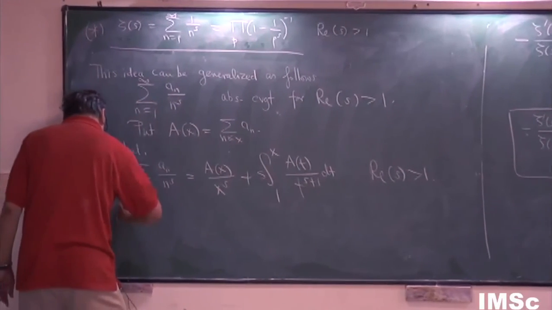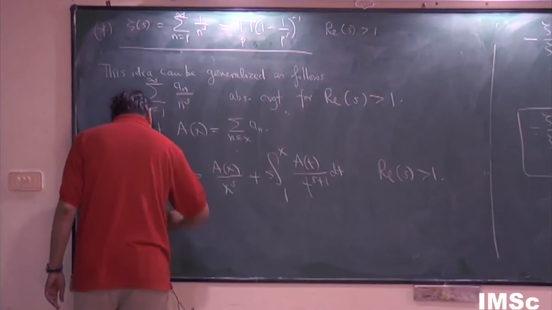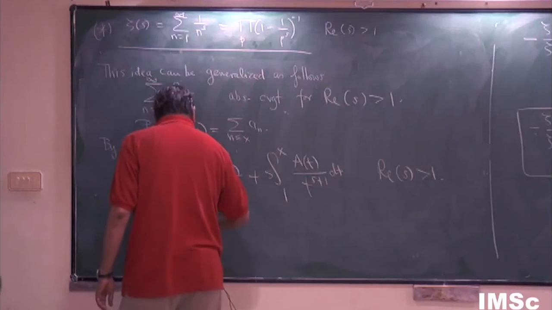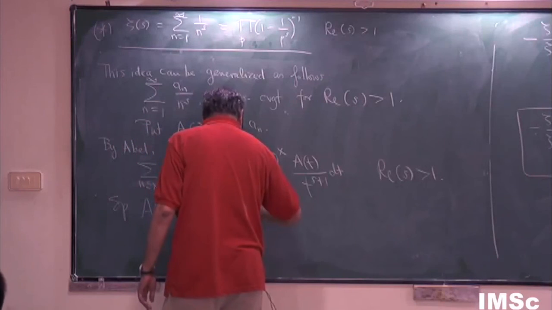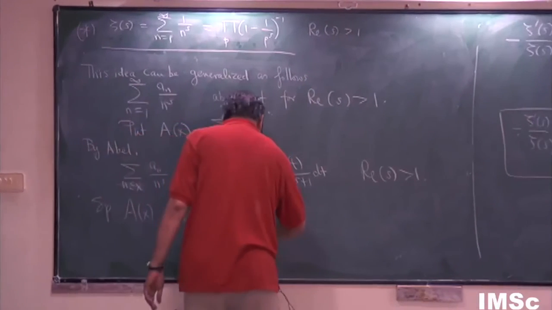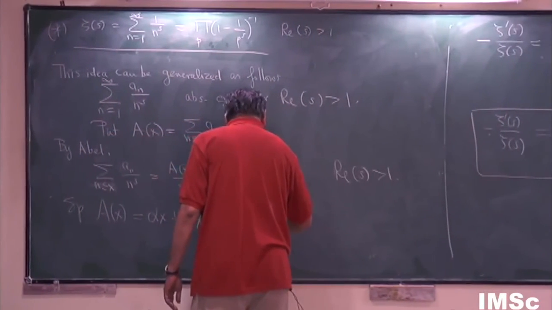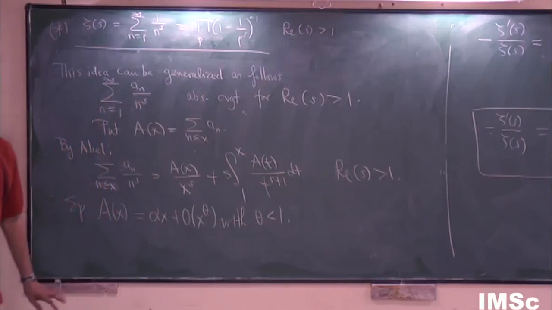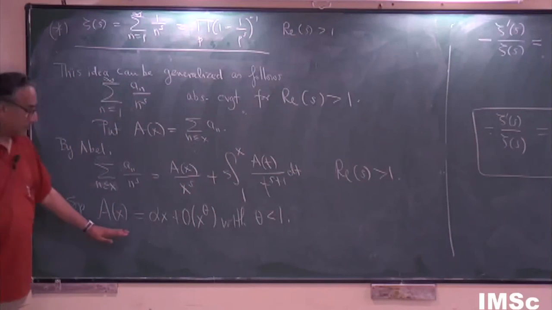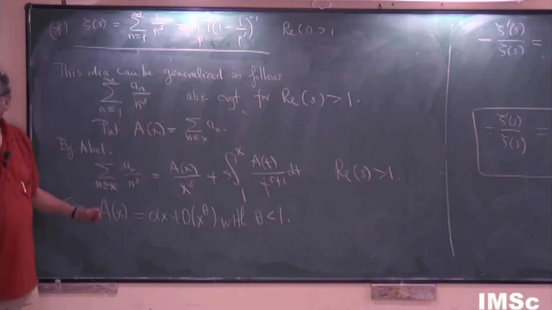Suppose A of x is equal to alpha x plus O of x to the theta, with theta less than 1. Supposing I have some information about the partial sums, because that's the kind of thing that we used earlier.